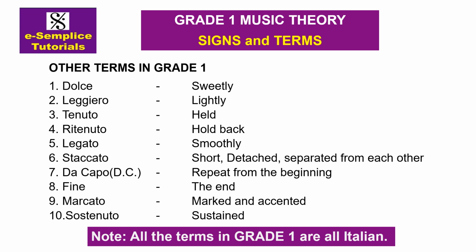These are other grade 1 terms you should know before you enter the exam hall. The first one there is dolce. It means sweetly. Then we have leggero, which means lightly. We have tenuto. We've seen tenuto before under signs.